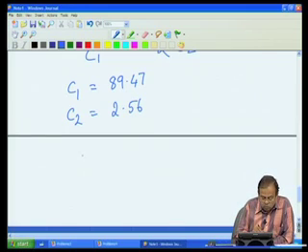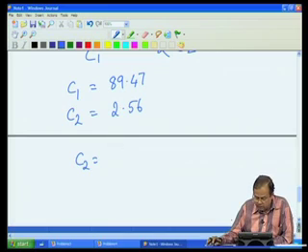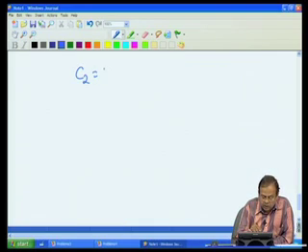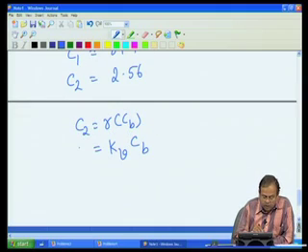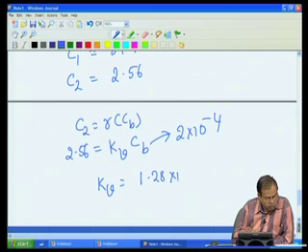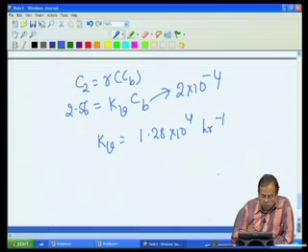Now what? What is our C2? If you go back, our C2 is R of CB. So, C2 is R of CB, which according to our model equation is kV into CB. I know my C2 is 2.56, I know my CB which is 2 into 10 raised to minus 4, giving rise to kV equal to 1.28 into 10 raised to 4, per hour. What is my C1?